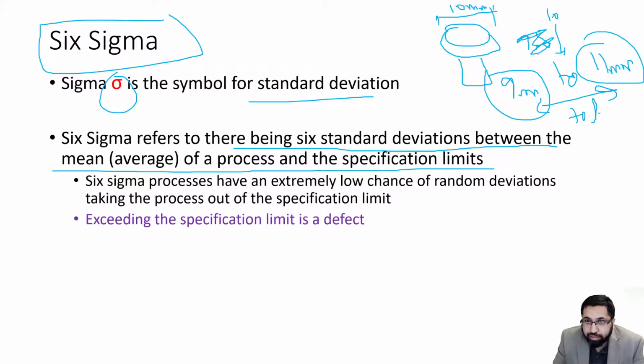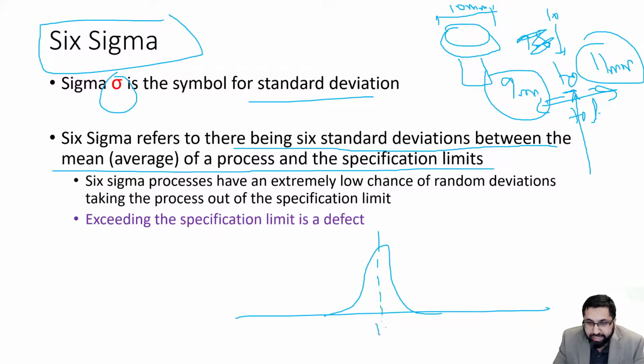And the idea is that your process to make this nut should be so accurate that you're almost always very close to 10, and you rarely get close to 9 and 11. If you draw your process's output, centered at 10 with some standard deviation, some nuts are a little bit less than 10, some a little bit more, but they almost never go to 11 millimeters or 9 millimeters.